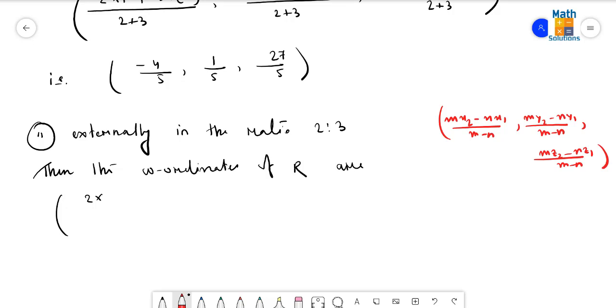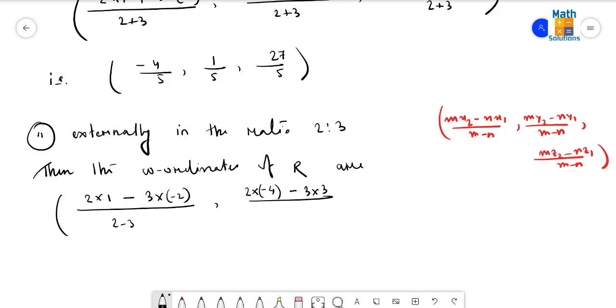So what result do I get here? 2 into 1 minus 3 into -2 divided by 2 minus 3, then 2 into -4 minus 3 into 3 divided by 2 minus 3. After that 2 into 6 minus 3 into 5 divided by 2 minus 3.